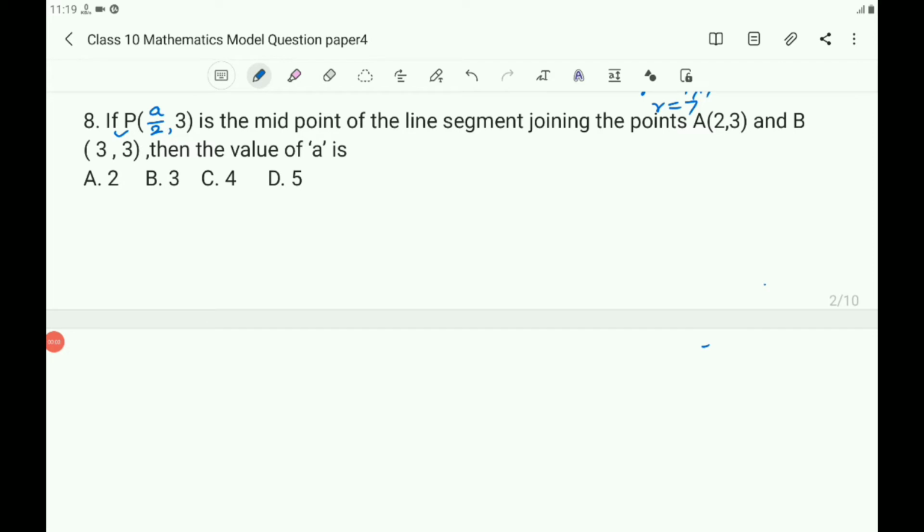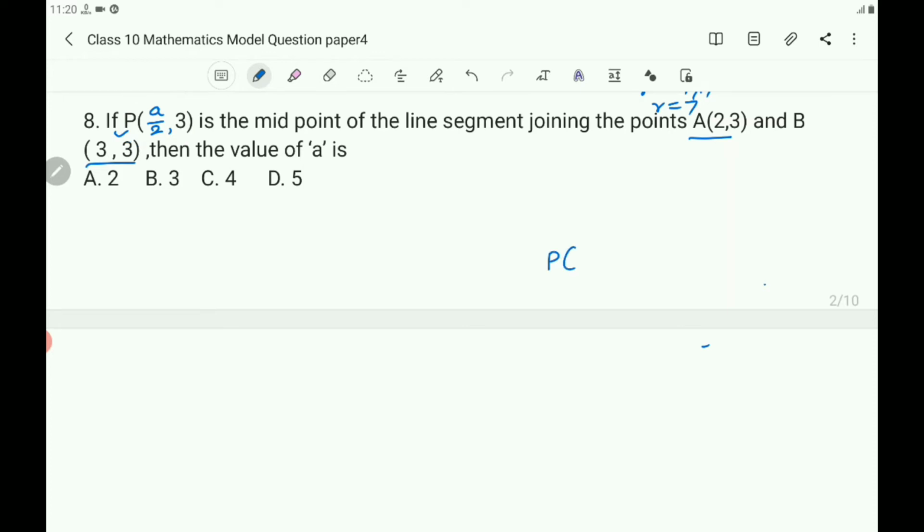Now the question number 8. If P(a by 2, 3) is the midpoint of the line segment joining the points A(2, 3) and B(3, 3). Yeah, P(a by 2, 3) is the midpoint of the line segment joining A(2, 3) B(3, 3). Then the value of a is. Here we have to use the midpoint formula. What is that midpoint formula?